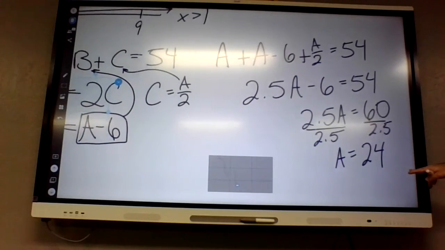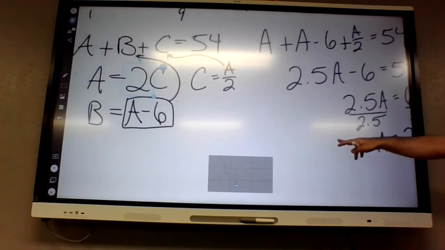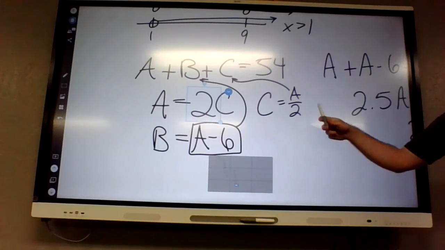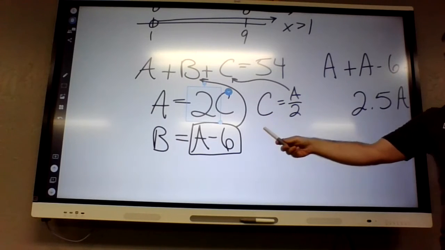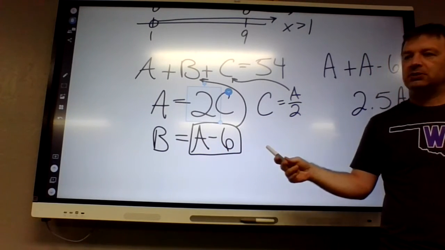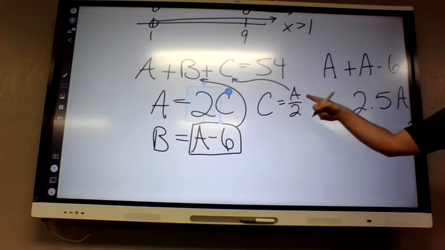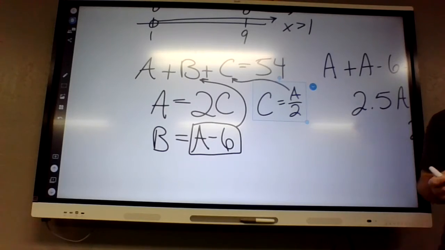Yeah, once you find one number, A in this case, the big number is 24. 24 minus 6 is B. To find C, you can do 24 divided by 2 equals C. To find B, you can do 24 minus 6. So you just plug A in to these to find B and C.